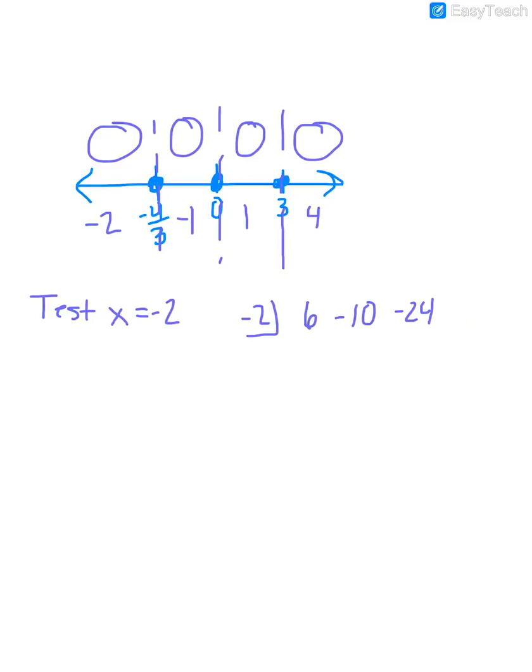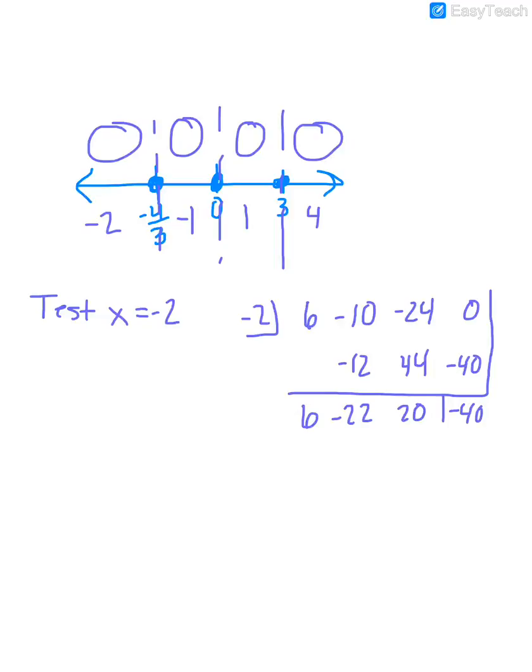Now here I'm missing the constant, so that would be a 0 for your synthetic, just so you're aware. So 6, -12, -22, that's 44, and that's 20, that's -40, and a -40, okay? So is this number greater than or equal to 0? That is not, so that's false. So maybe you want to use synthetic substitution. I'm just going to continue doing that because it seems pretty easy.